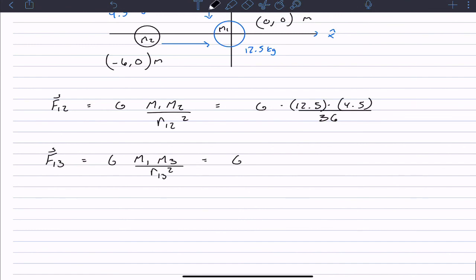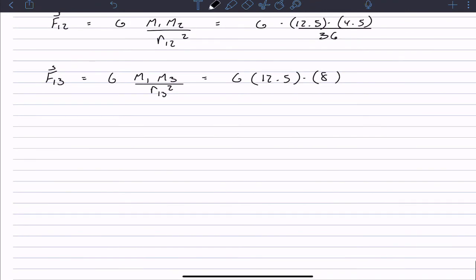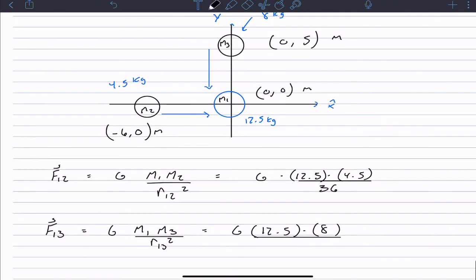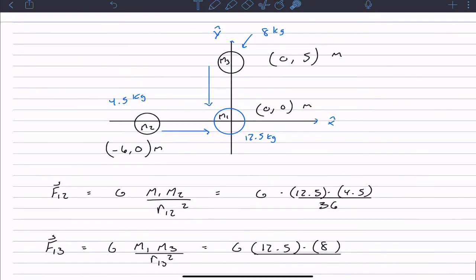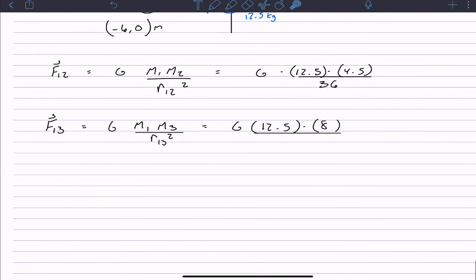That's going to give us G times 12.5 times 8 all over, again we don't need to do much with this, because this is at 0, 0 and this is at 0, 5, so the distance between them is 5, which gives us r squared is 25. And then we just add it up.